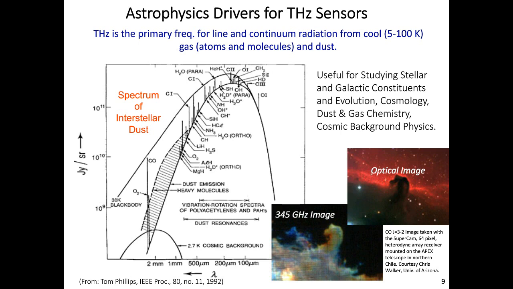You can see the large carbon-2 line at the very top, which peaks at around 200 microns and is very important for a lot of astrophysics work.